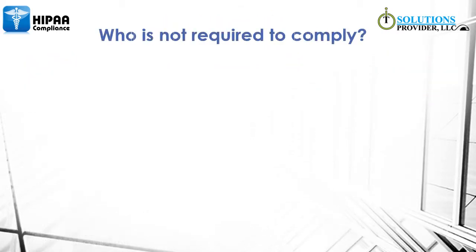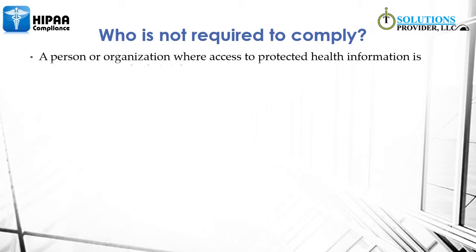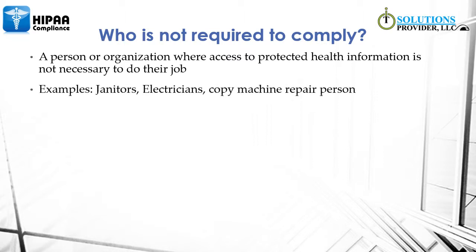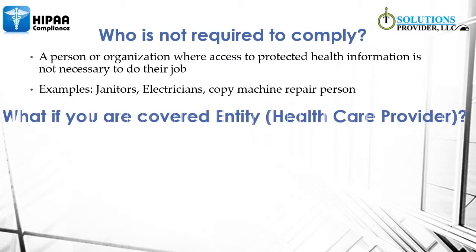Who is not required to comply? The answer is a person or organization where access to protected health information is not necessary to do their job. For example, janitors, electricians, copy machine repair persons, to name a few. But if you are a covered entity, then you have to comply with these requirements.